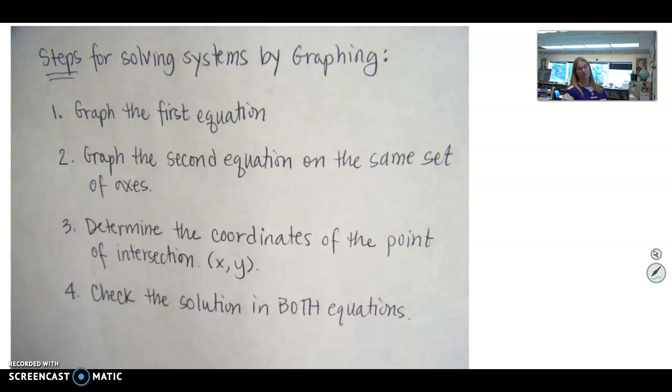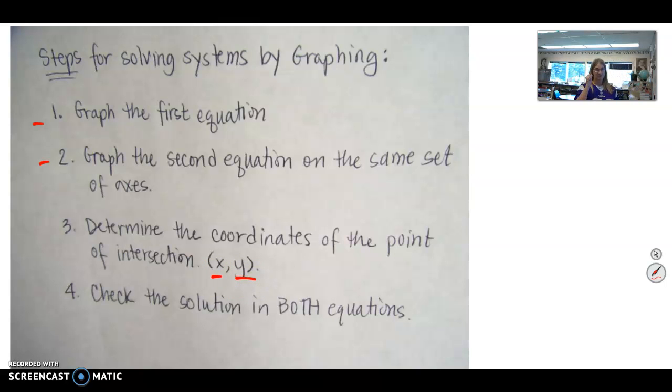So these are the steps if you want to solve by graphing. First, I recommend that you write these steps down. First step is you're going to graph the first equation on a coordinate grid. Then the second step here is graph the second equation on the same set of axes, and then determine the coordinates of the point of intersection, the xy.